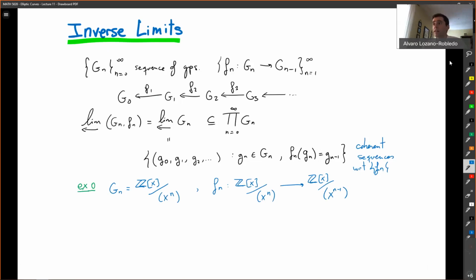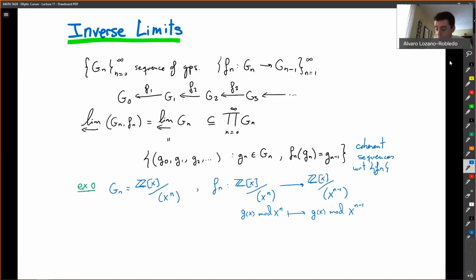Let's just send a polynomial, maybe not f, since f is already taken. Let's call this g of x modulo x to the n. Let's just send it to g(x) modulo x to the n minus 1.